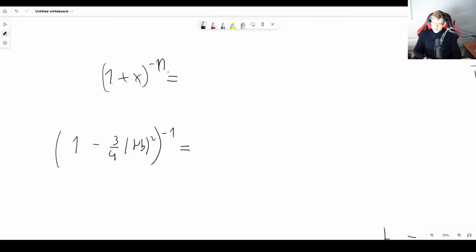Of course n will be 1, but in general it's going to be 1 minus nx divided by 1 factorial, plus n times n plus 1 divided by 2 factorial x squared, and so on. Now the other terms are too high, so they won't matter.